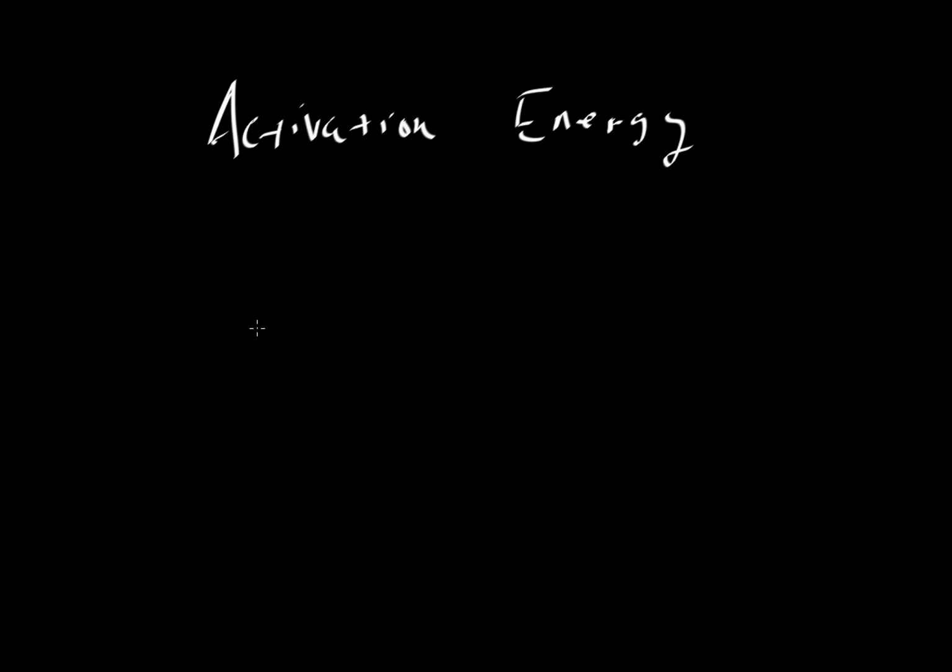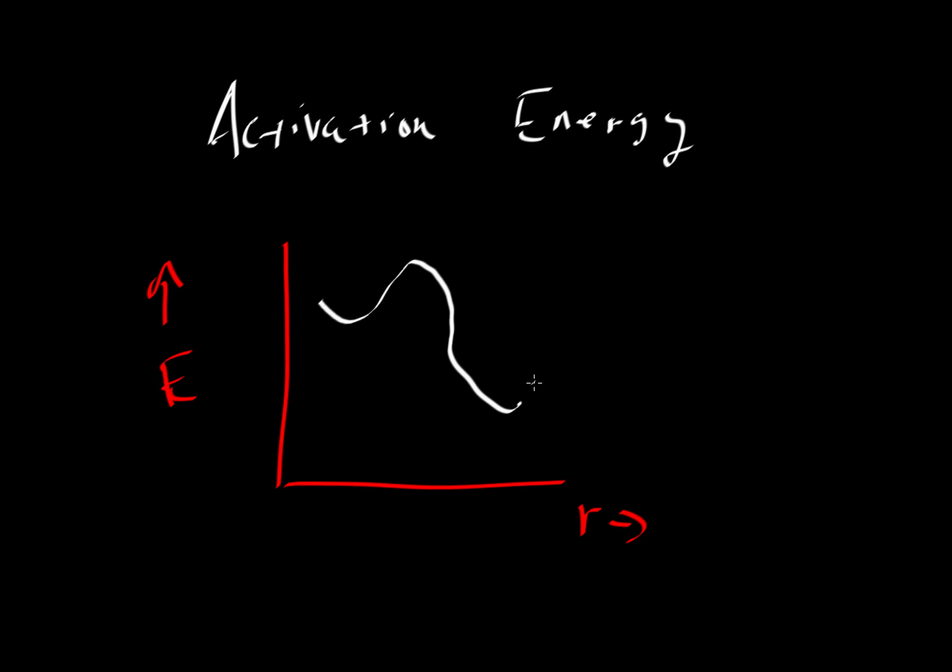Let's clean up the diagram again and redraw it so we can focus on the case of sillimanite. So we have energy and then reaction progress, and we will have a potential energy curve here where sillimanite is perched at a higher energy compared to kyanite. Not a very smooth curve, but it'll get the job done. This local area here is something that we can refer to as a metastable state.